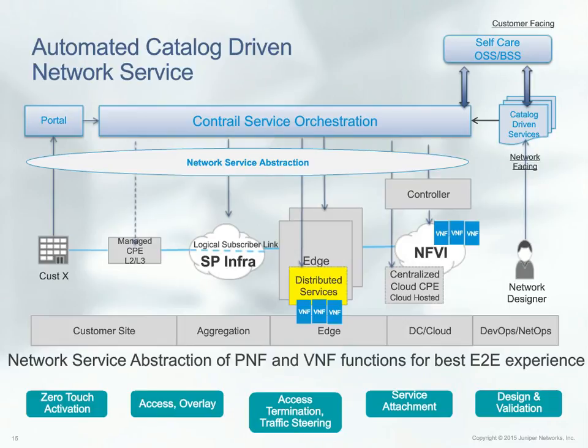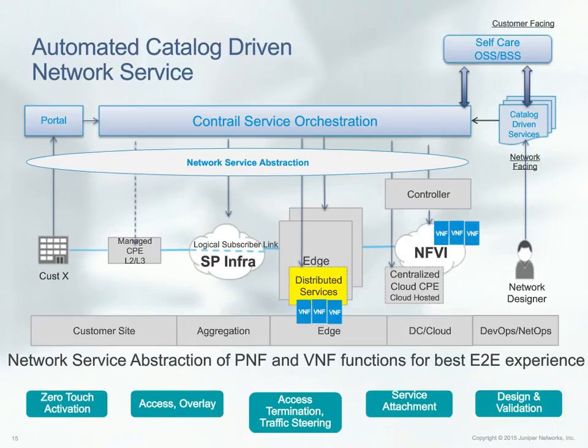With this type of catalog-driven system, the ability to abstract the network service layer means the customer could come in and say, I want a video content delivery network.